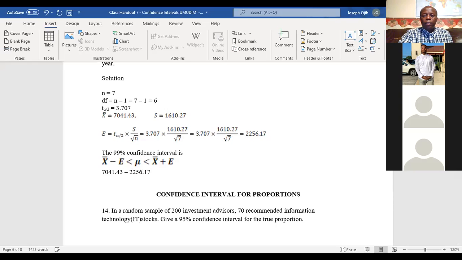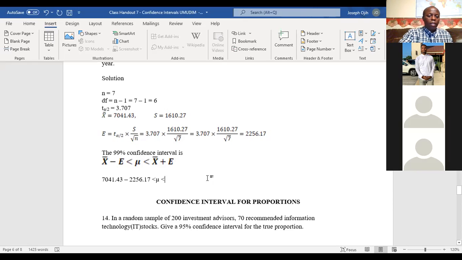Okay, less than the mean, less than. On one side you add and on the other side you subtract. So on this side you add 7041.43 plus the error of 2256.17.